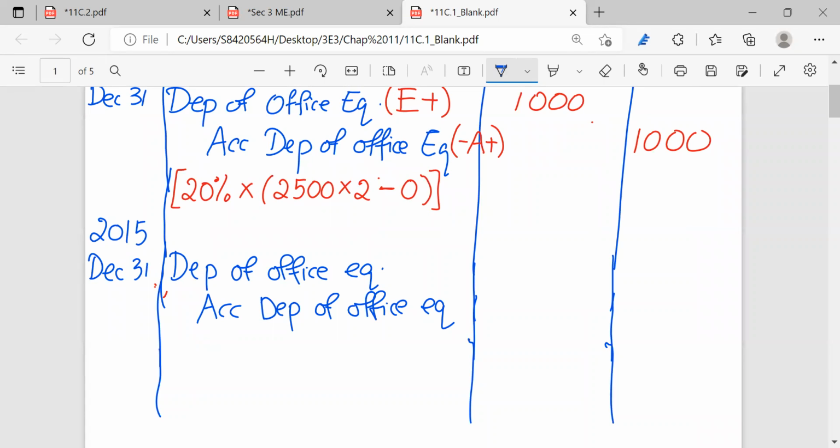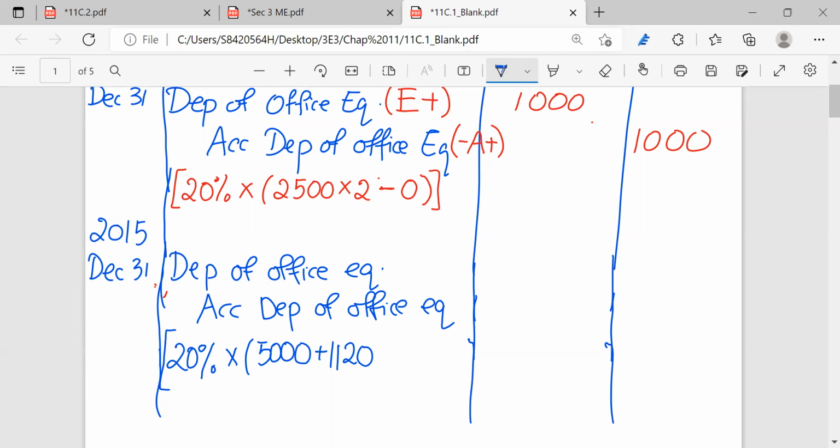It's okay, because you fully depreciate everything anyway. You use it for 1 whole year. So it's 20% times cost. Now the cost is actually the existing 5,000 and 1120. This is the total cost.